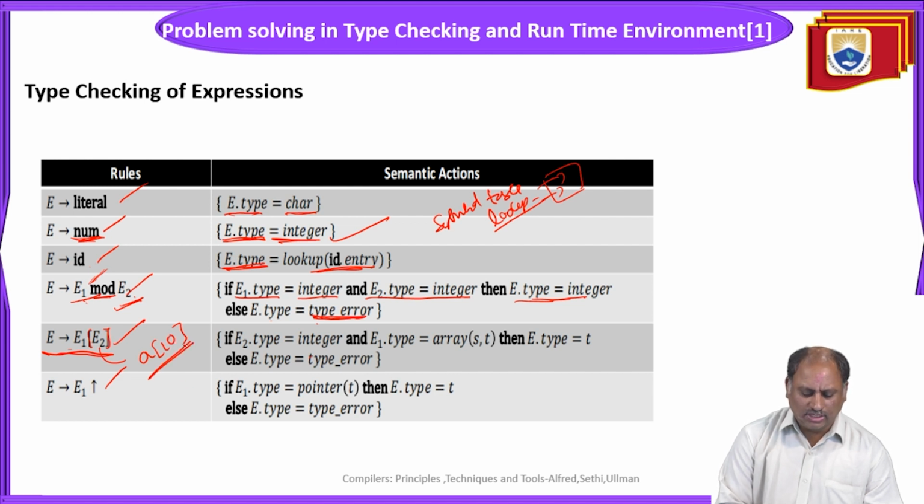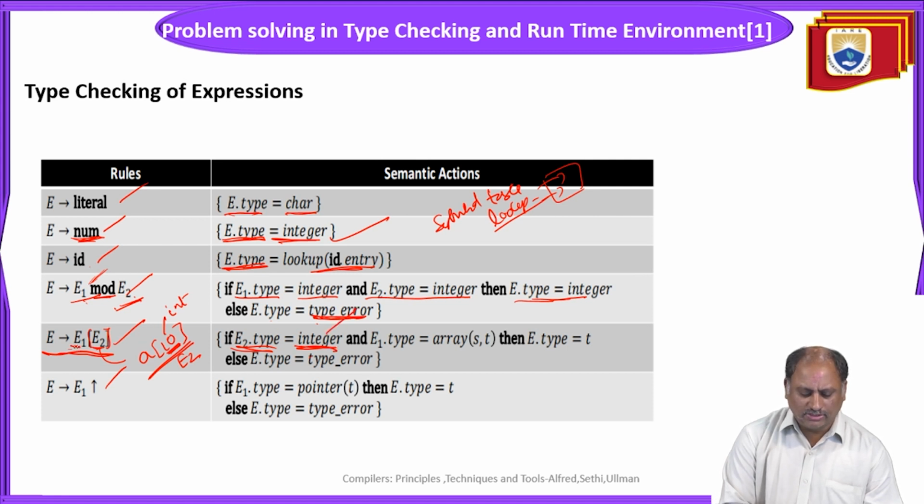So here in this array of integers, this 10 is of type integer. That means how many values: 5 values, 10 values, 15 values. So this is an E2 expression. The type expected is integer. So it can't be 5.3 or something like that. It is of type integer only. So this is verified, whether expression 2 is of type integer or not.